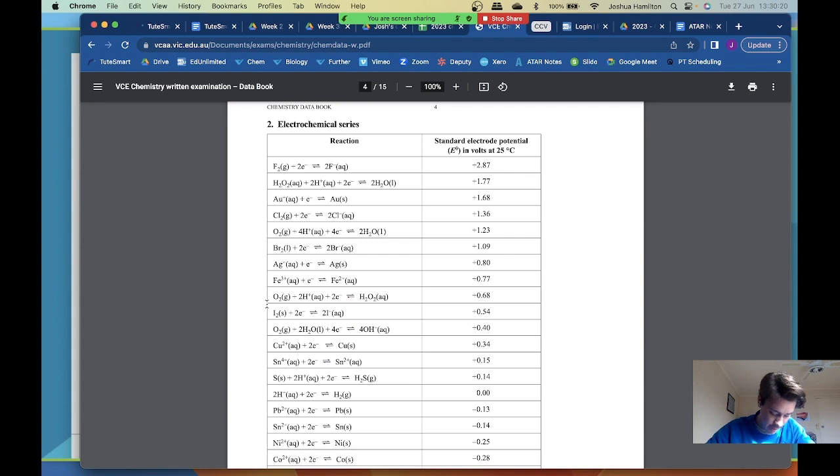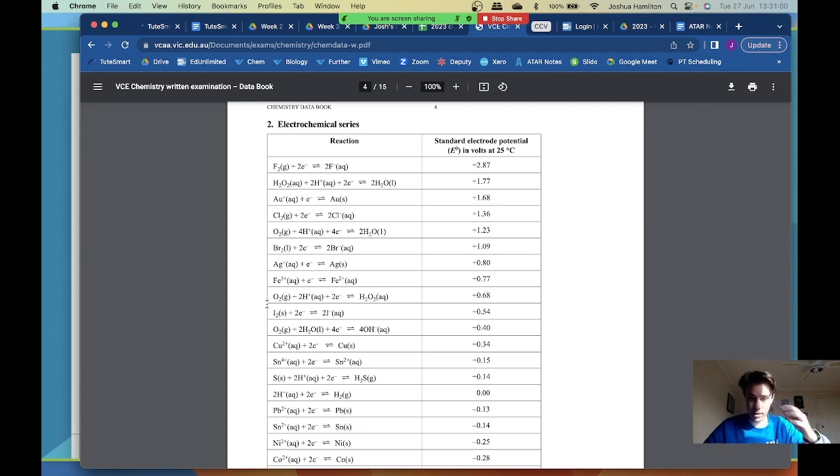What I want to worry about is where our strongest oxidants and strongest reductants are. Remember, the oxidant causes oxidation in our other species, and the reductant causes reduction in our other species. Which ones are going to cause it more? It's like our acids and bases, how we have strong acids and strong bases, which are more likely to accept or more likely to donate. Same thing here, but it's more likely to cause reduction or oxidation.